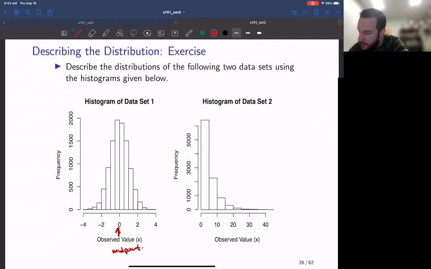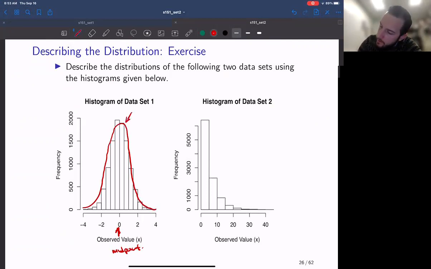And then if we were to sketch a curve on top of this histogram, you can see that the curve's peak is right here. The middle of the object is basically right at 0.